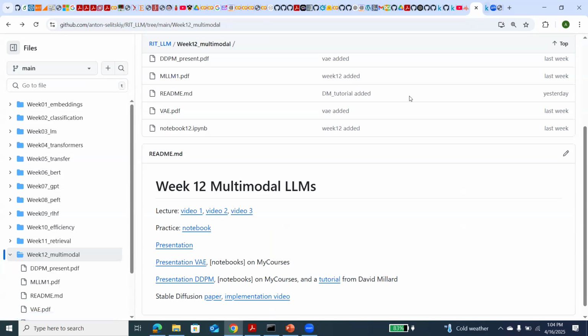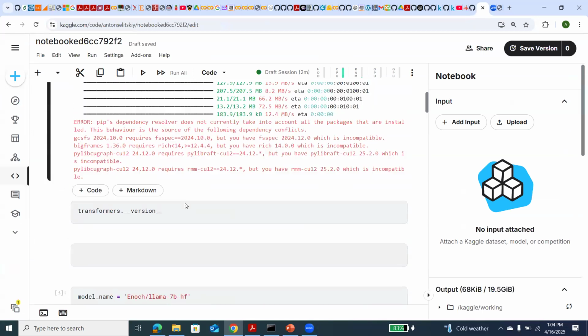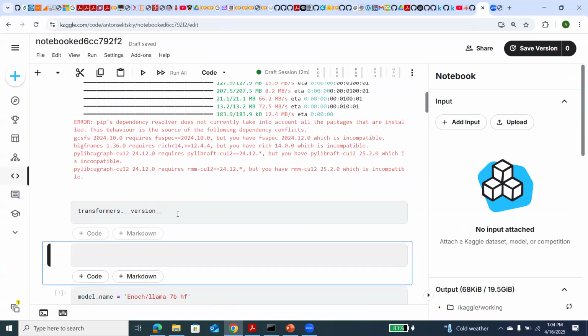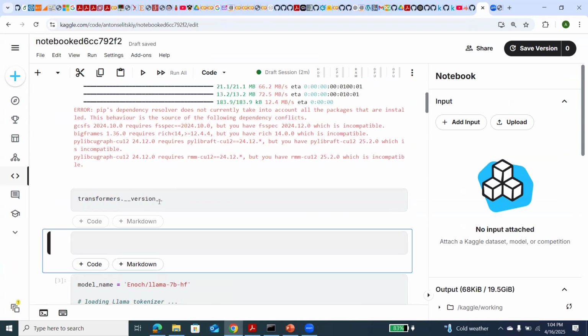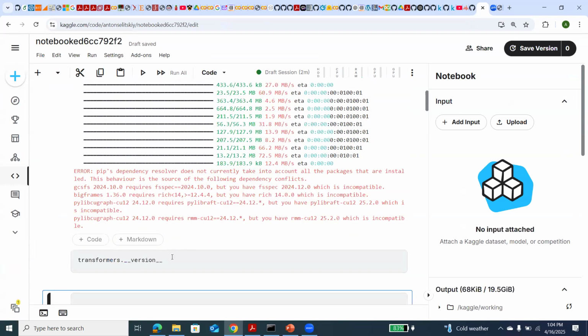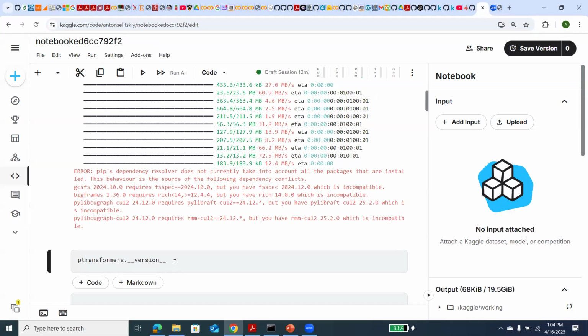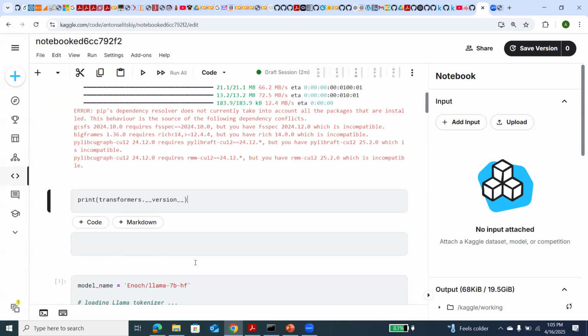So let's look at the version. What should I do? Print? No. Oh, it's markdown, maybe.